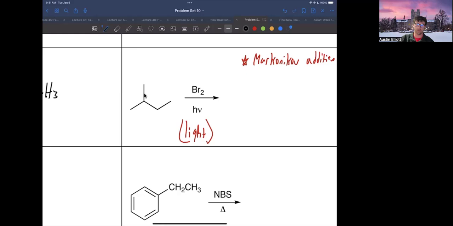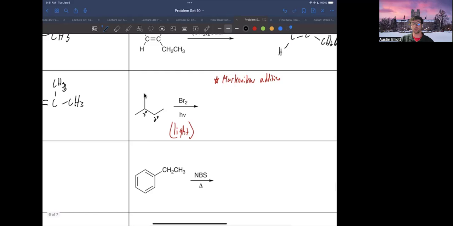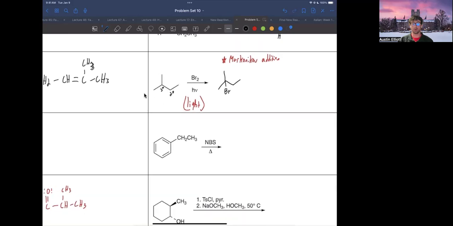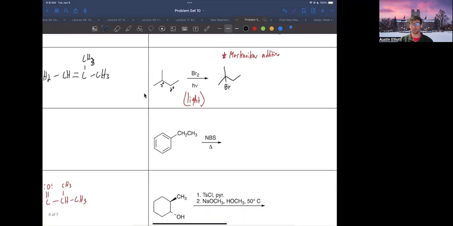All the end pieces are always a 1. We have a 2 prime, and we have that 3 prime. So we know that Markovnikov means more substituted, so we're going to add to that 3 prime position, just like that.